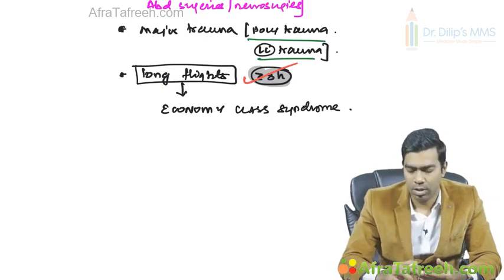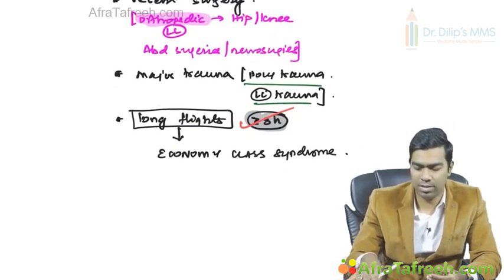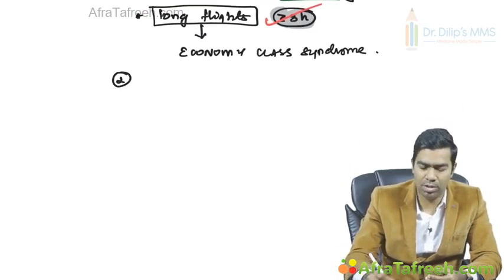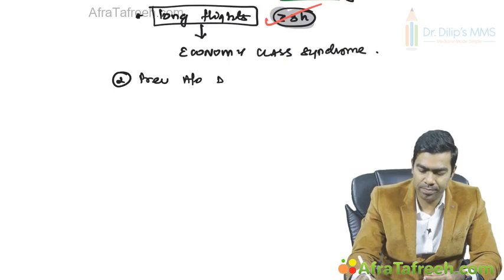Cool. So these are some of the important risk factors. Apart from that, one important risk factor I want to tell you about is a previous history of DVT and pulmonary embolism.